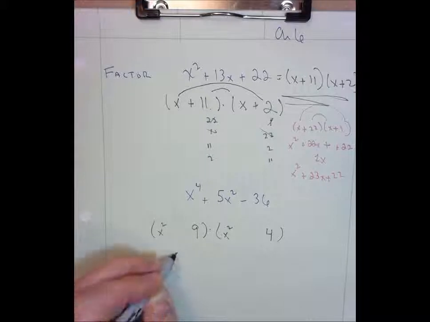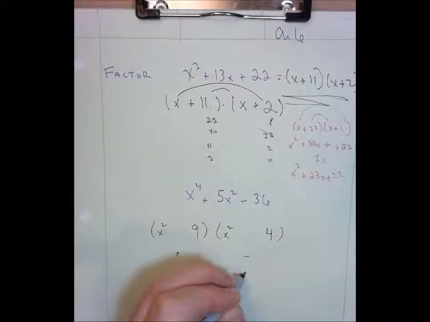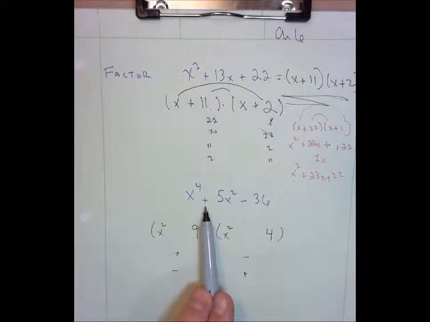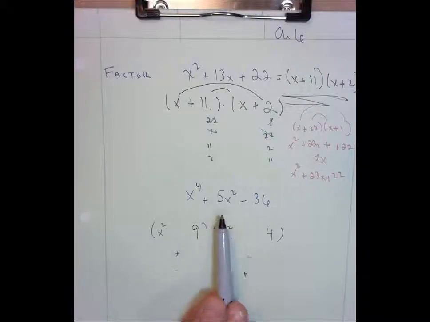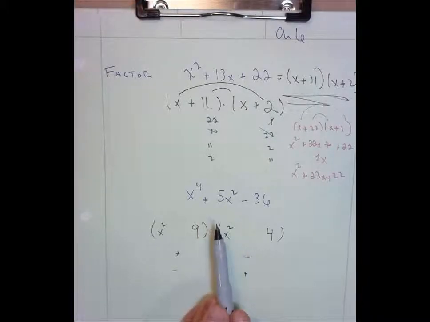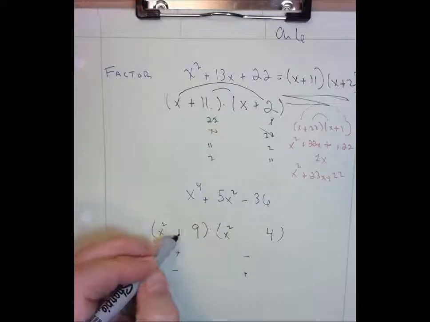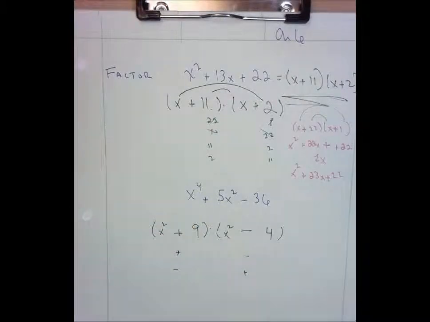So we could have positive, negative, or negative, positive, and now we just have to decide which one of those would produce the cross term of positive 5x squared. Since we have a positive sign here, we need the larger of the two mini terms that go into producing that during the multiplication being the positive one. And so how about plus 9 and minus 4?